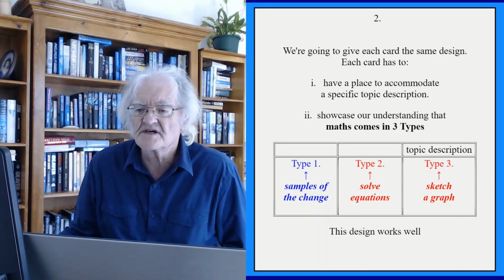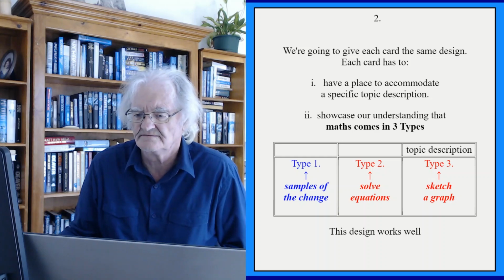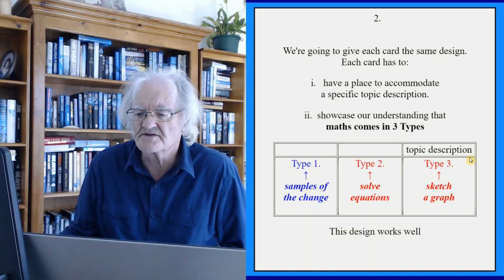We're going to give each card the same design. Each card has to have a place to accommodate a specific topic description. It also has to have a place to showcase our understanding that maths comes in three types. You can see here, topic description in the corner, 3 columns representing the 3 types of maths.